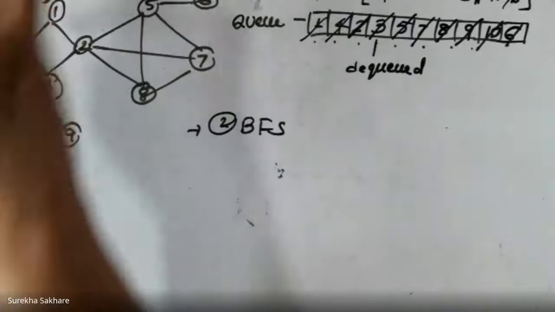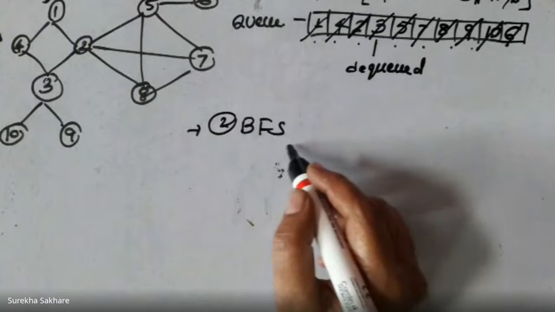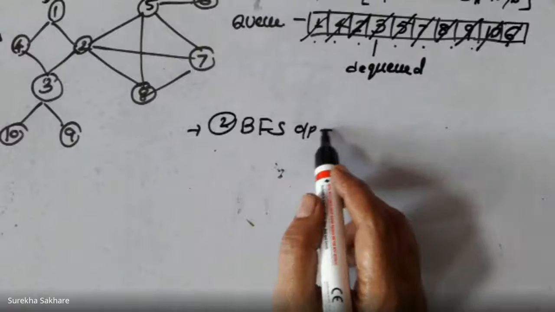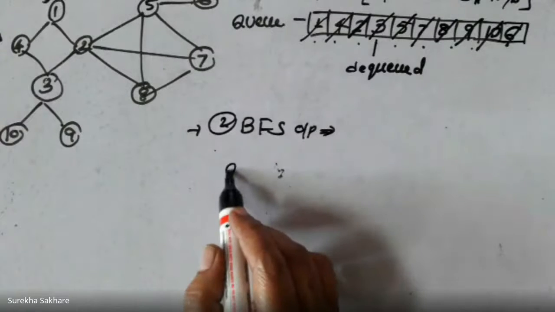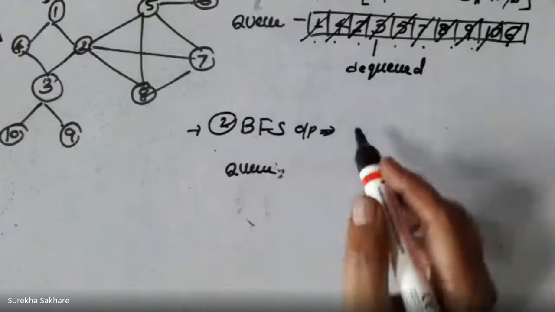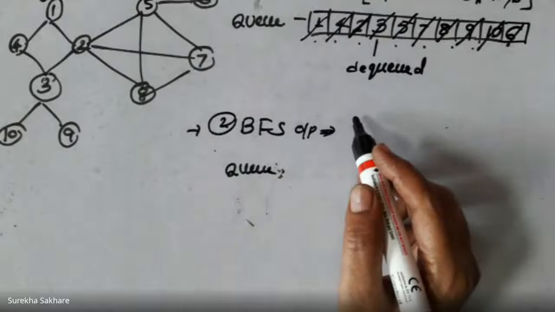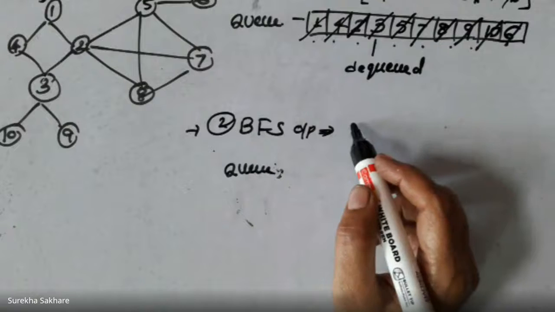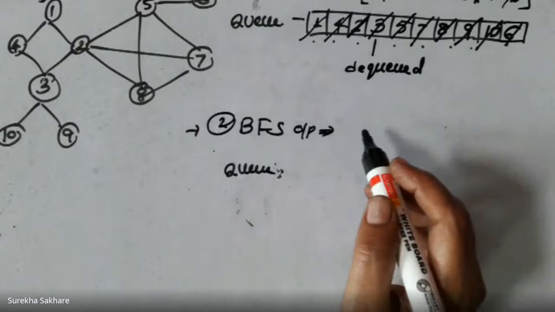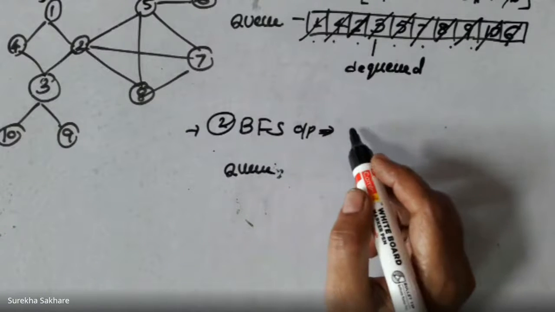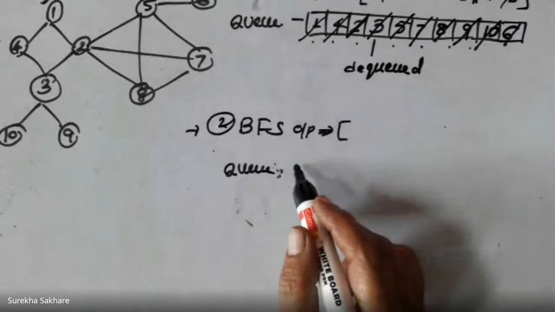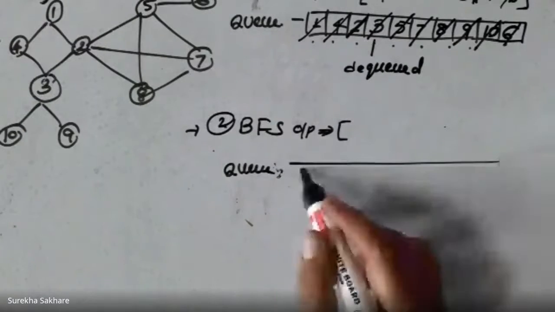I have to make an output here. I will again make a new queue. How will it look? I will put 4 to start the list. The queue will again be arranged like this, with some 9 to 10 members here.